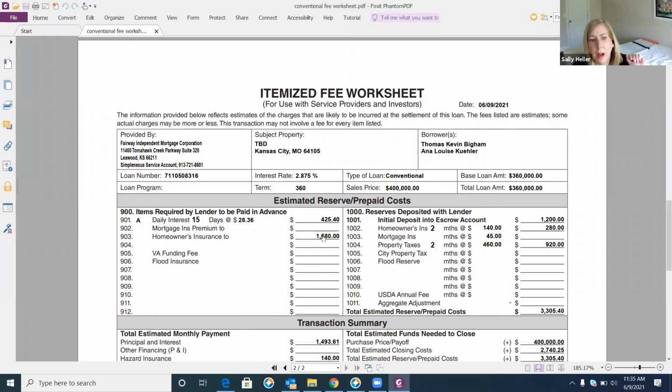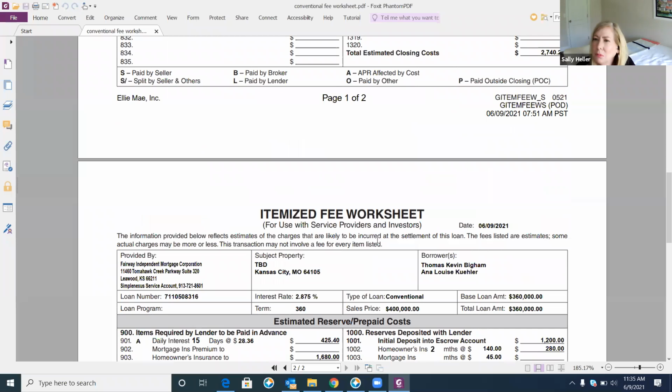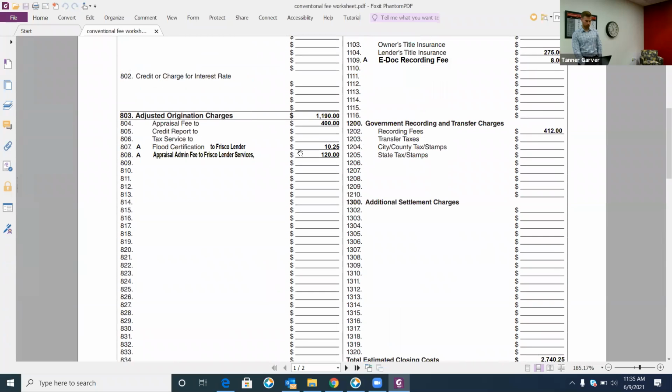I had a question on the administration fee for the appraisal. What's that? That is strictly the 100. Yep, each appraiser usually has an admin or a team that contacts the appraiser to schedule these services. That is a fee that goes to the appraiser. So we break down each appraiser, what their admin fee is.